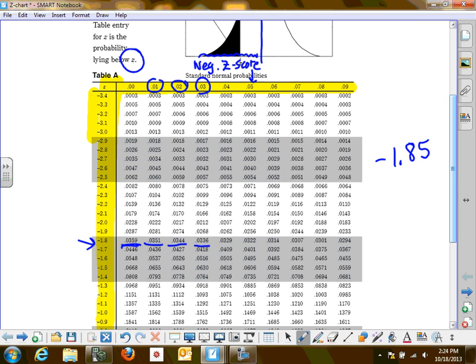So the value I want is 0.0322. That's the number associated with negative 1.85. Okay, so this is your z-score that you just found. Let's talk about what this is inside.